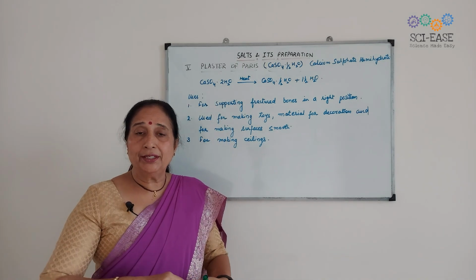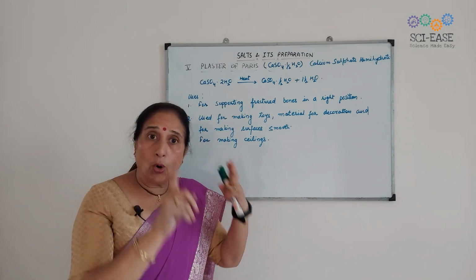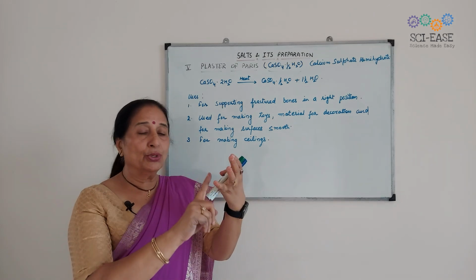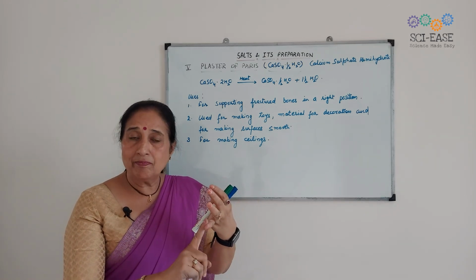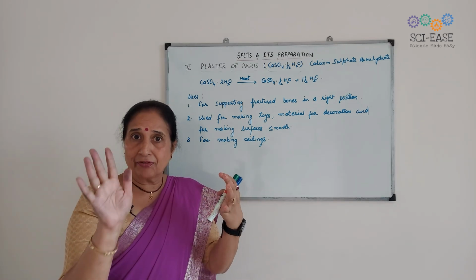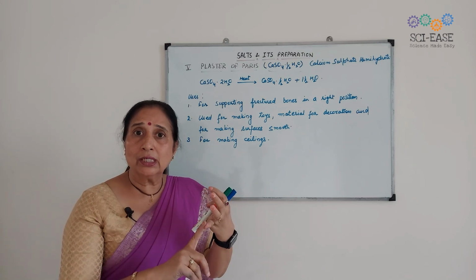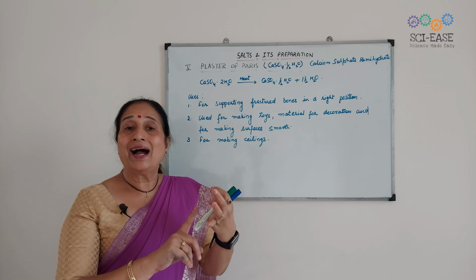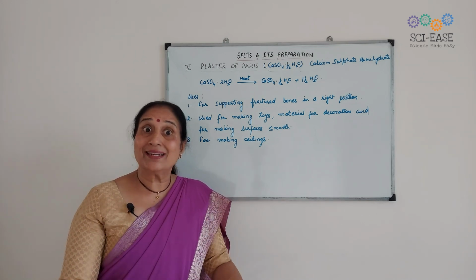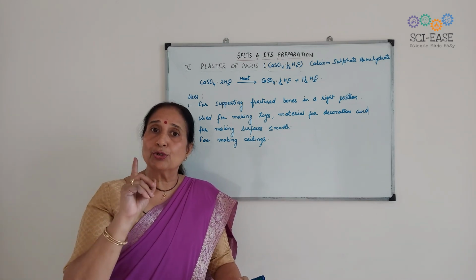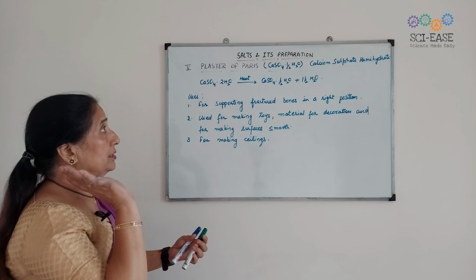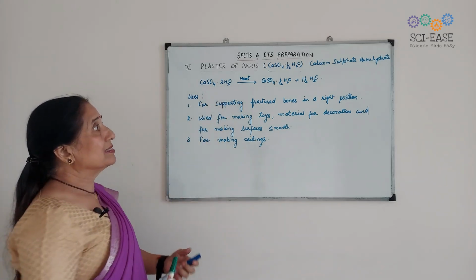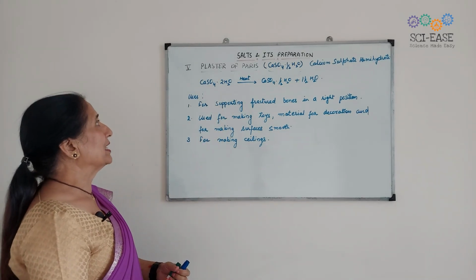One thing I want to tell you, that for all the compounds you should know the common name. For the 5 compounds you should know the common name, chemical name and the formulae. Sometimes it's asked, so you should know them. That is, plaster of Paris is calcium sulfate hemihydrate.